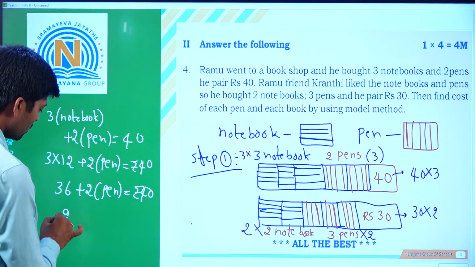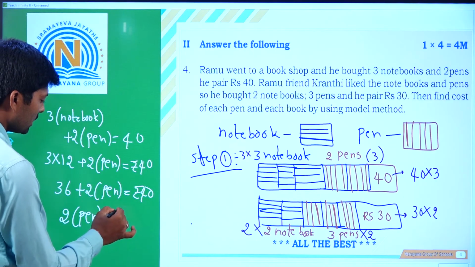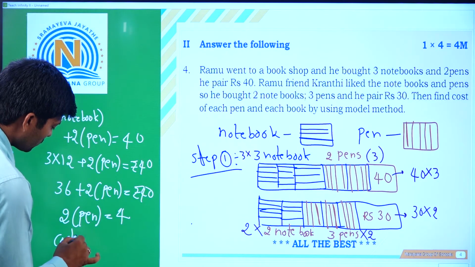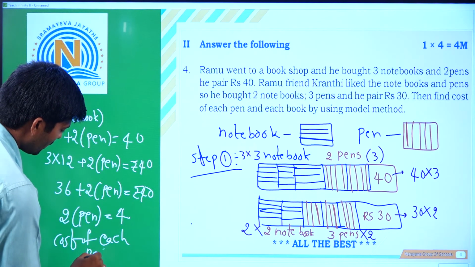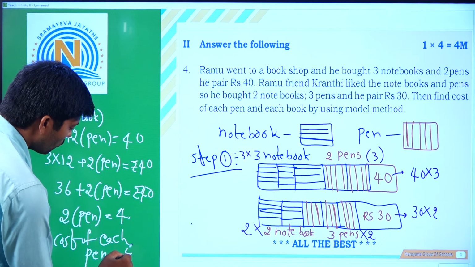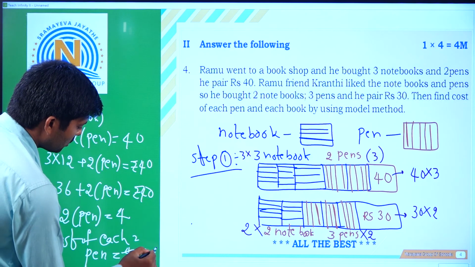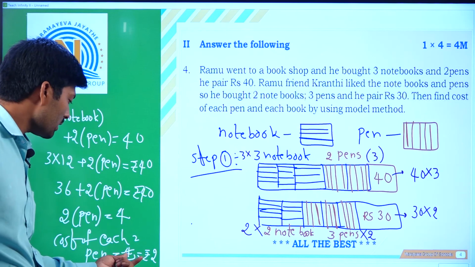So, 2 into the cost of each pen is equal to 40 minus 36, which will become 4 rupees. Next, the cost of each pen is equal to 4 upon 2, which will become 2 rupees. So, the cost of each notebook is 12 rupees and the cost of each pen is 2 rupees.